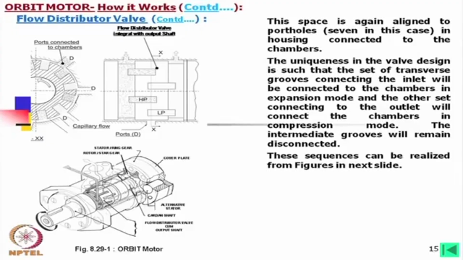In this case where the 6 slots are there, 3 are connected to high pressure, 3 are in low pressure, 1 is in neutral. First it is 4 in high pressure, then 1 neutral, 3 low pressure. Next phase it will come that 4 in low pressure and 3 in high pressure, then one chamber will be neutral, but that is momentary.